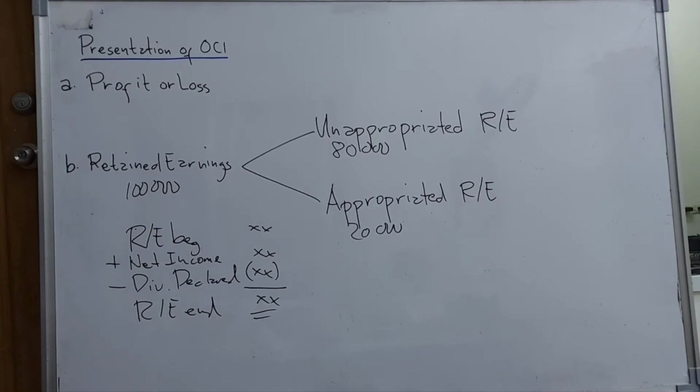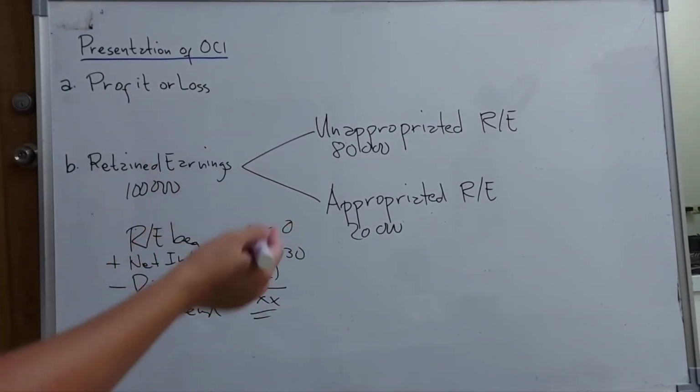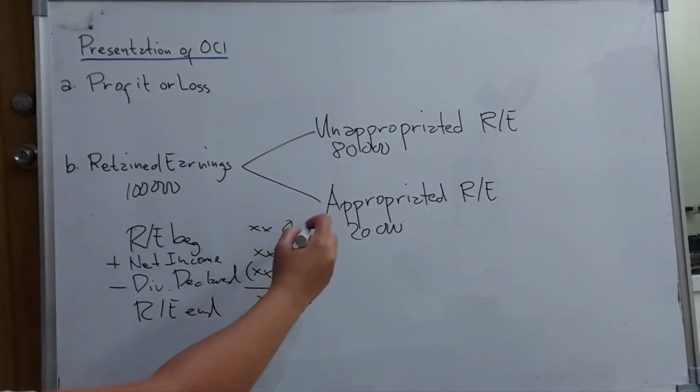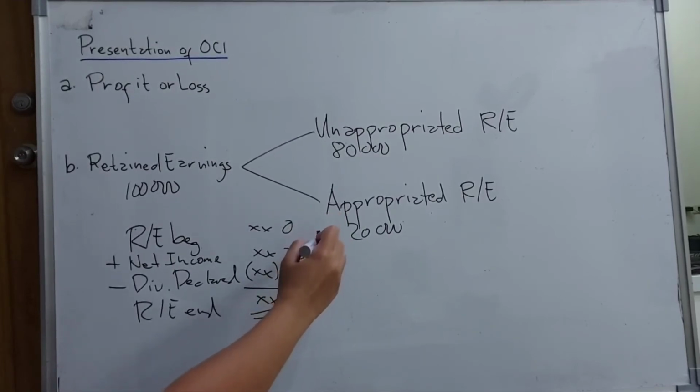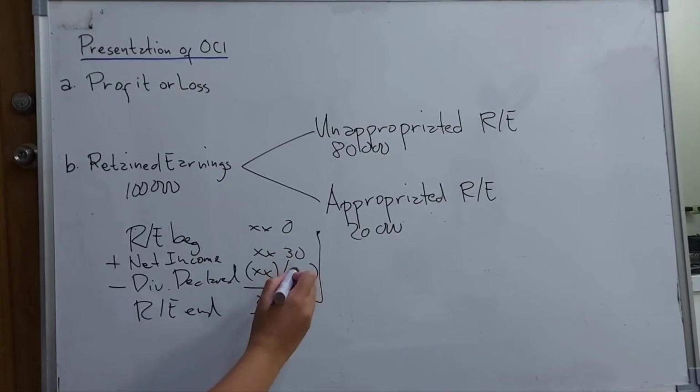Kunyari ang beginning mo, let's say first year, wala. Tapos, net income mo ay 30. Tapos, let's say, nag-declare ka ng dividends, 10. So, ang retained earnings natin ending ay 20. The following year, yung ending mo siyang magiging beginning. Teka, nagkapareho ng 20. 5 na lang to. So, ang retained earnings mo ending ay 25.